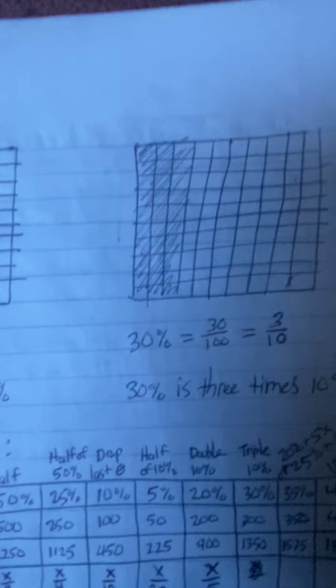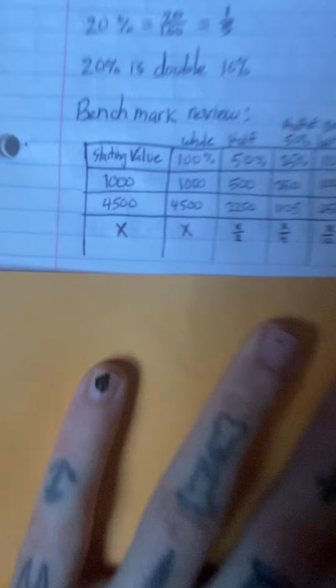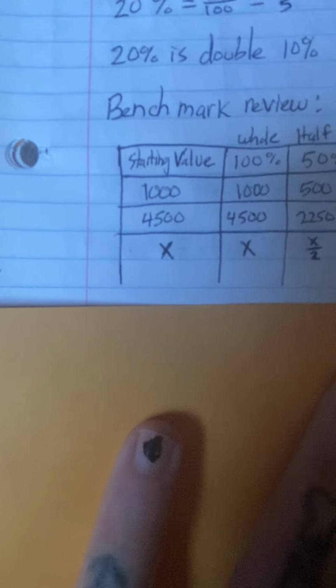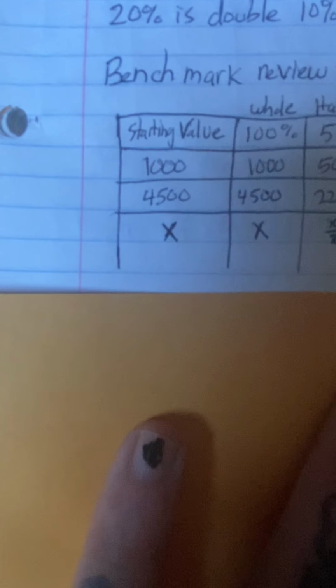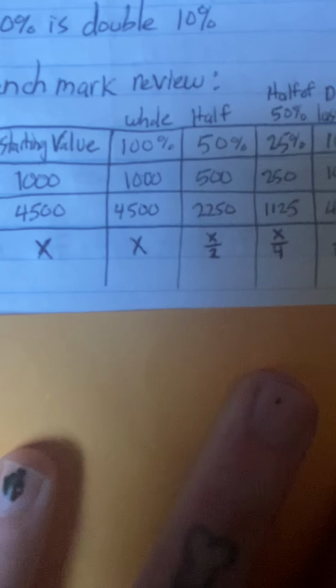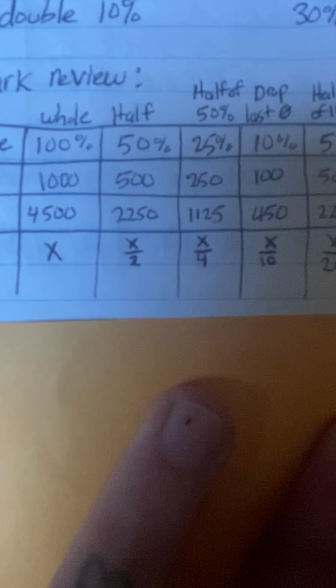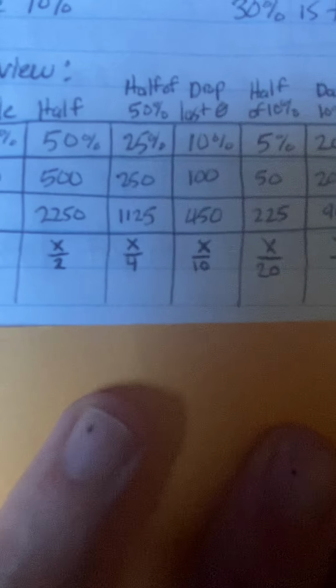Okay, so I went ahead and wrote all of the benchmarks we know now with some examples. Starting value. 100% is the whole, okay? 50% is half. 25% is half of 50. 10%, we drop the last 0.